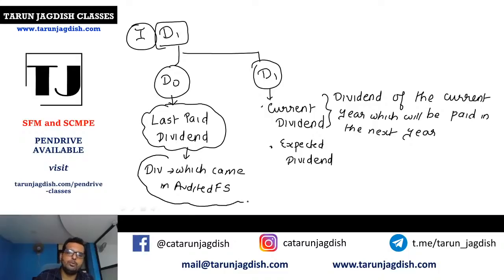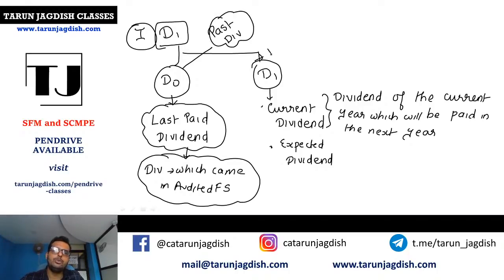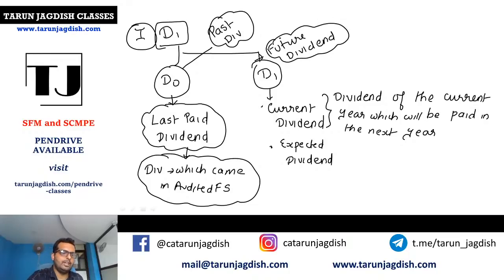Can you please write this down in your books because people get very much confused. So D0 is the past dividend and D1 is the future dividend. Please draw this chart in your books, friends.